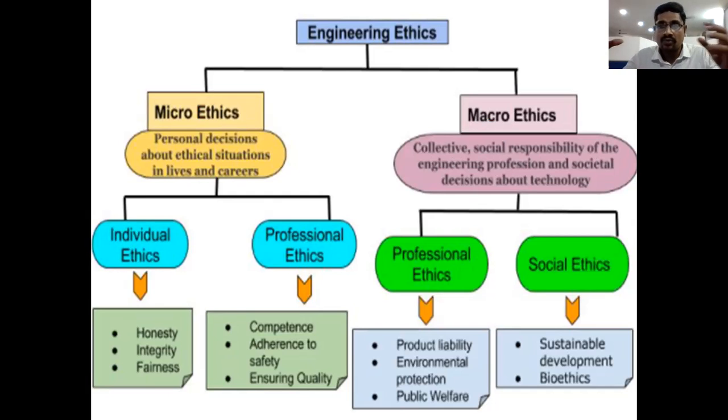Collective means a group of people and their responsibility towards society, group of people's ethics towards society. Collective means group of activities, group of people. So macroethics means group of people's decisions and ethics towards society.